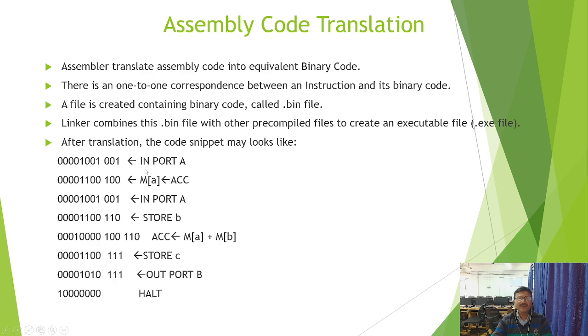Input A, this instruction is now written as 1001, where the second 3 bits, 001, designate port A. So the first 8 bits designate the instruction, and 001 is used as the operand to that instruction, which is nothing but port A here, and port A is designated by 001.